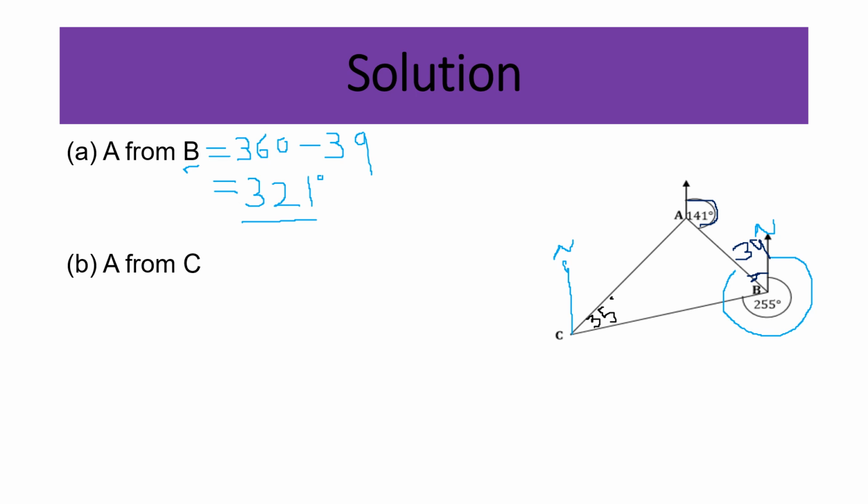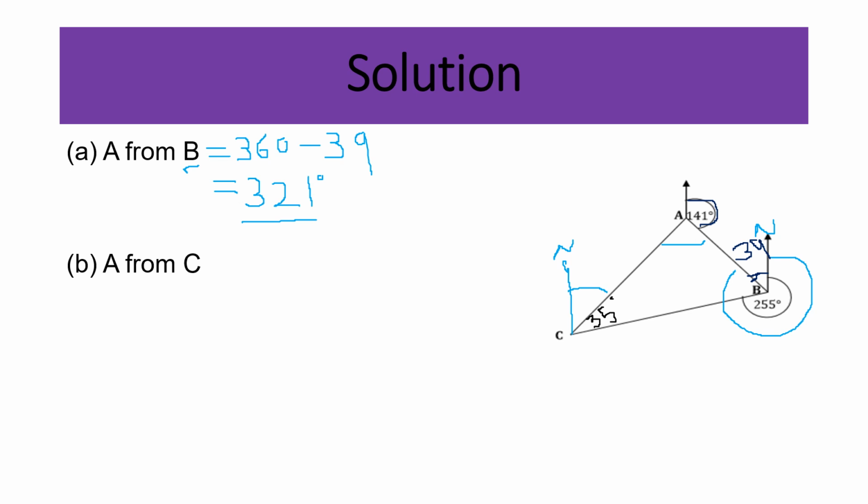Then we move in a clockwise direction from C towards A. That's the bearing we are looking for. To find this bearing, we need to find the angle at A. We need to find angle BAC.